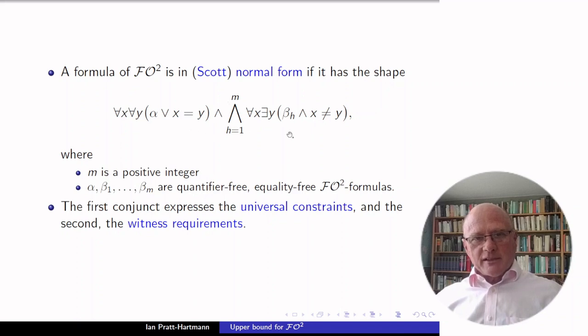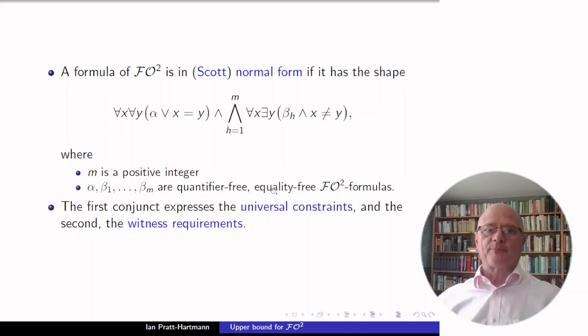The remaining conjuncts all have the form of a universal quantifier followed by an existential quantifier, and it says for all x there exists y different from x, such that x and y are related by the formula beta h, where h ranges from 1 to m. So as h ranges from 1 to m, we have a separate conjunct here. And beta h is, again, a quantifier-free, equality-free FO2 formula.